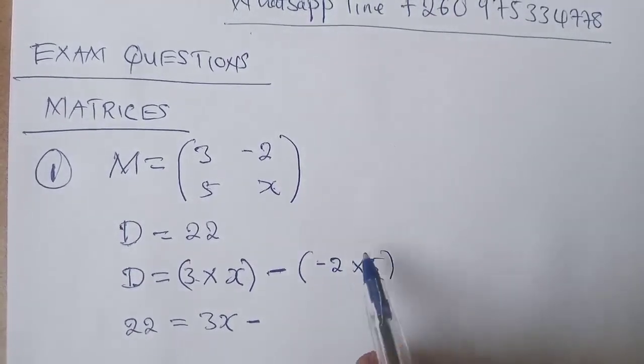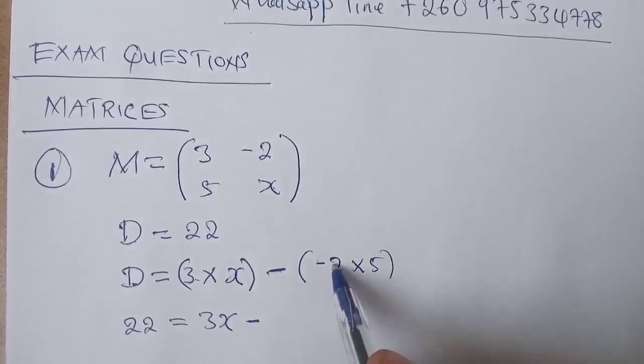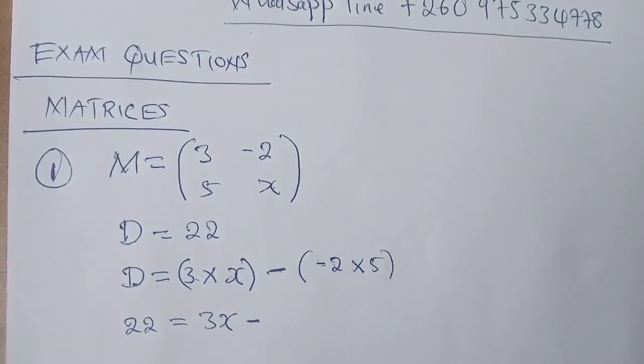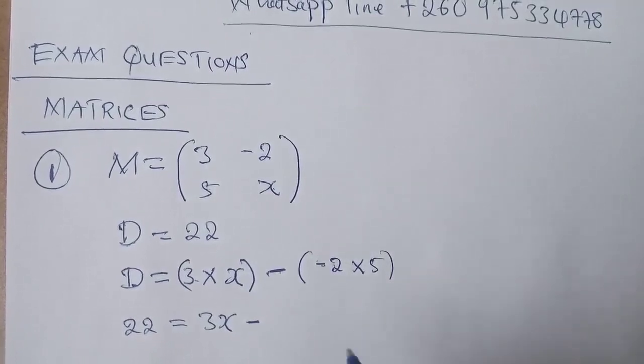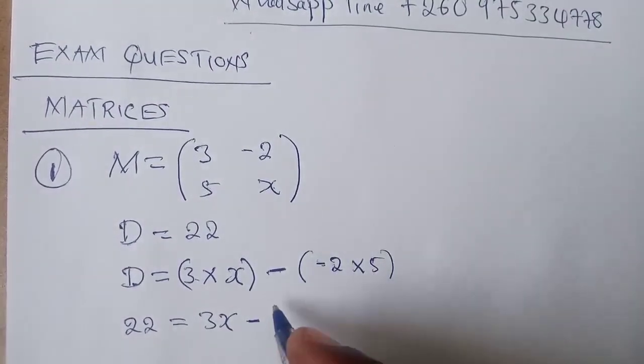So deal first with what is in the bracket. That is -2 times +5.